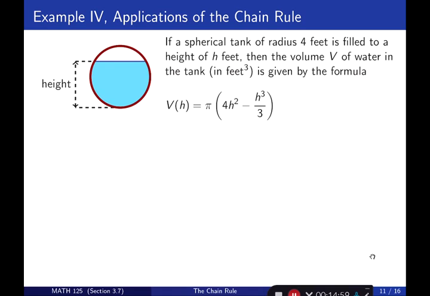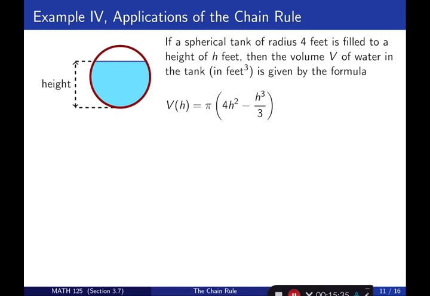Let's do another example of the application of the chain rule. Let's say a spherical tank of radius 4 feet is filled to a height of h feet, then the volume V of water in the tank in cubic feet is given by the formula V(h) equals π times (4h squared minus h cubed over 3).